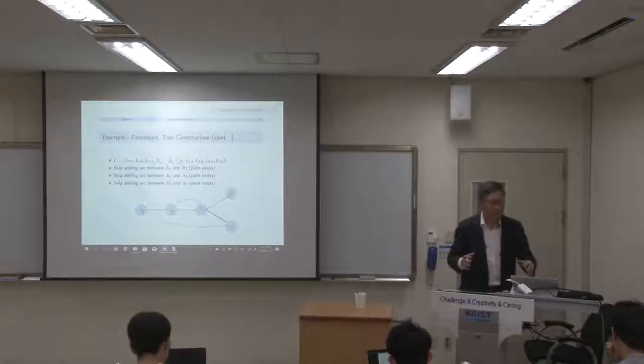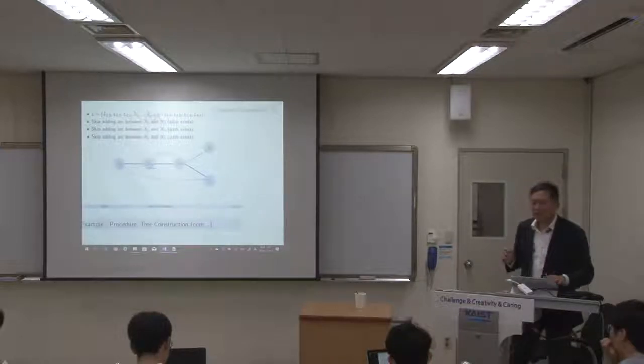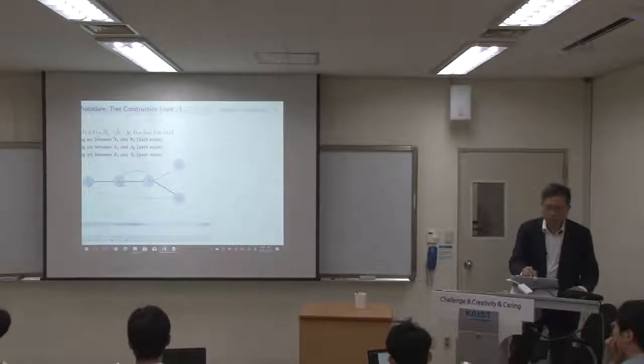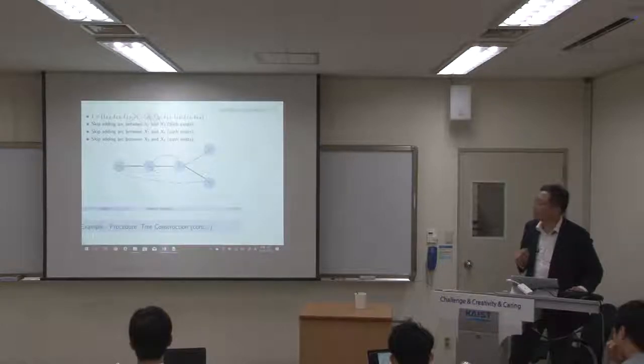I forgot to say also this. If there are k nodes, so how many nodes did we have here in this case? It was 5, right?